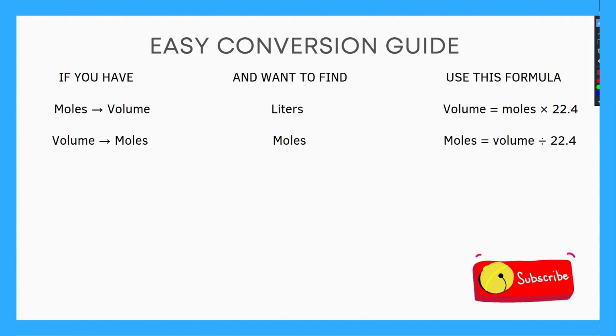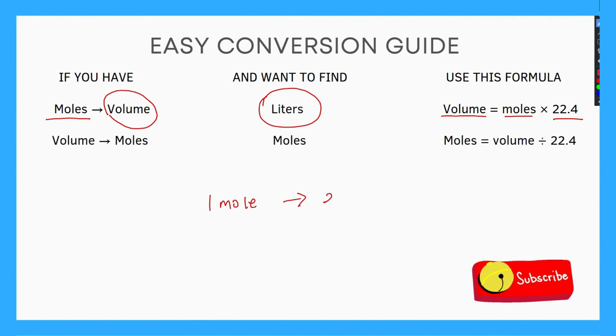If you have number of moles and you want to convert it into volume in liters, what you simply do is volume is equal to number of moles multiplied by 22.4. Because remember, 1 mole of a gas at standard temperature and pressure occupies 22.4 liters.